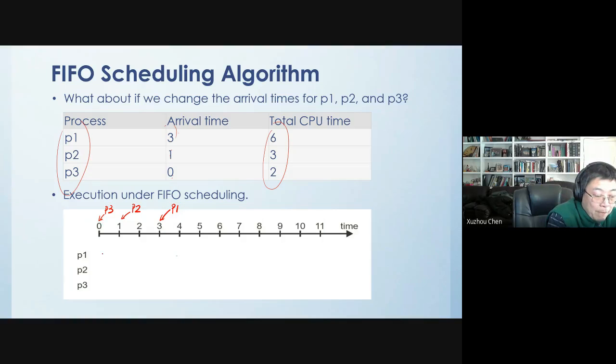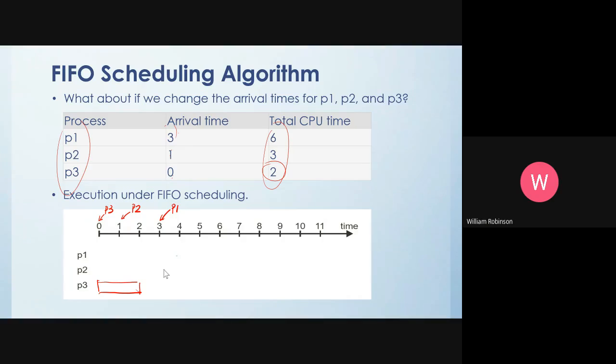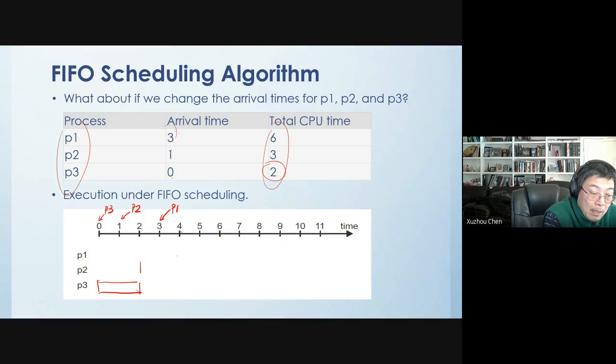So when I draw the Gantt chart, process 3 gets the CPU first and executes for 2 time units. Once process 3 is done, process 2 is next, and it executes 3 time units. And then process 1 executes 6.